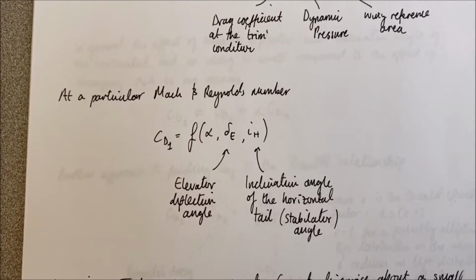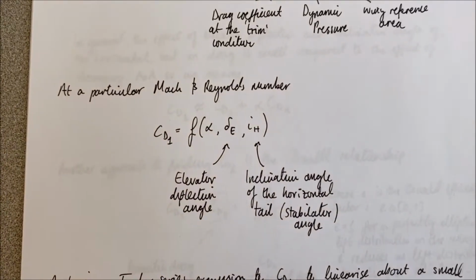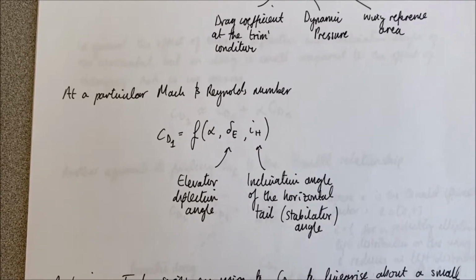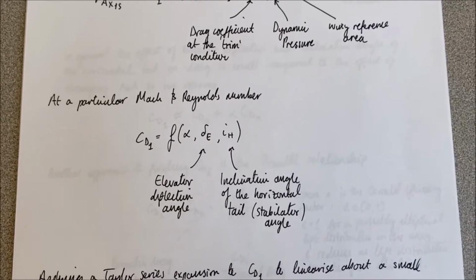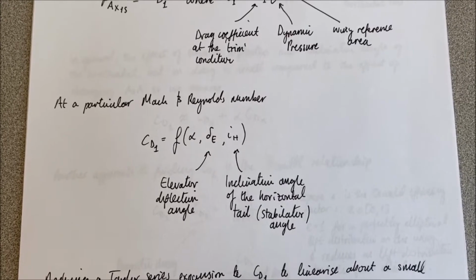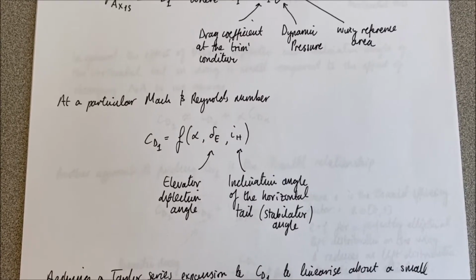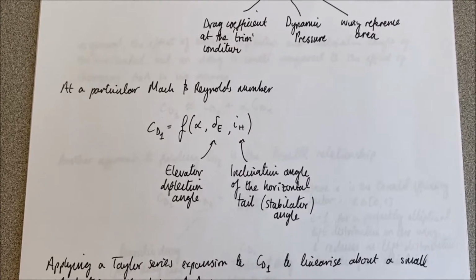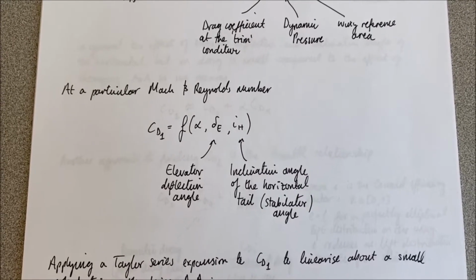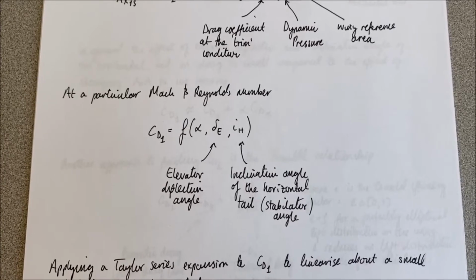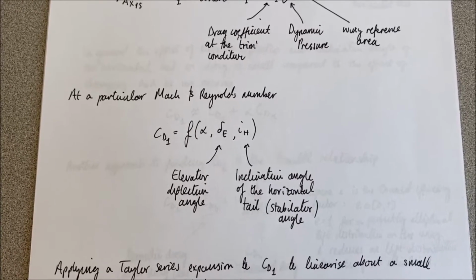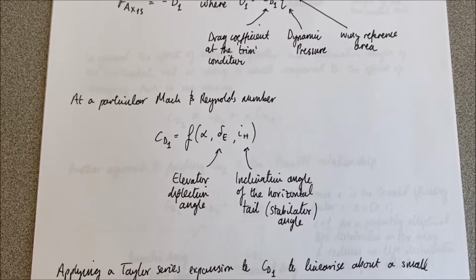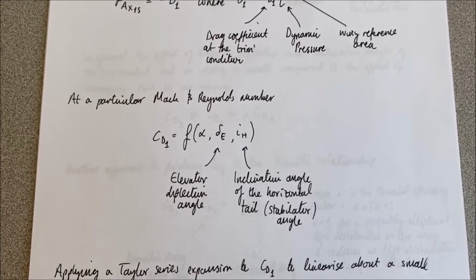But as you will see in a moment, if the inclination angle of the wing is constant, then it just gets eliminated from our equation because it's constant with respect to angle of attack, which generally is the case, unless you've got a very strange aircraft which has a whole wing that's able to change its inclination angle with respect to the fuselage.